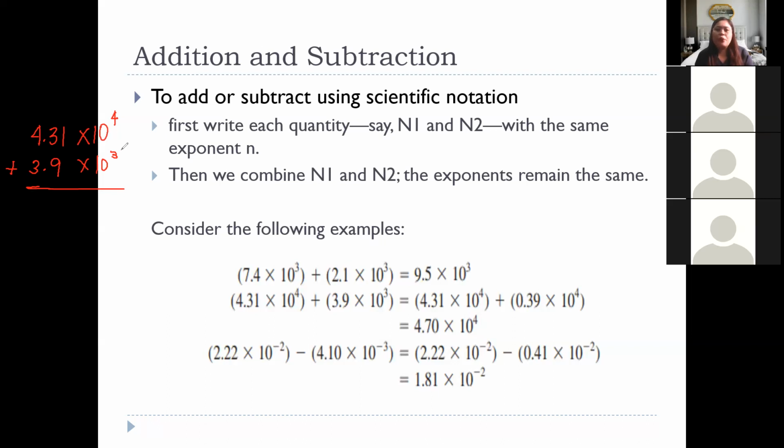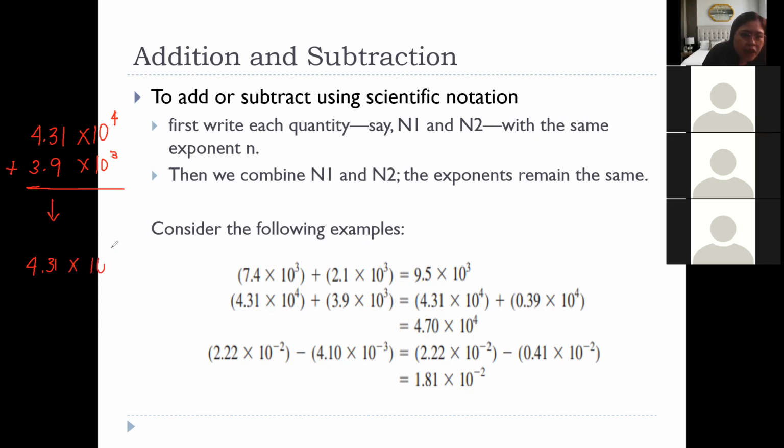So what are we going to do now? We have to adjust one of the given para magpareho sila og exponent. Again, i-adjust na to ang isa ka given para magpareho sila og exponent. So for example, as-is natin itong 4.31. I-as-is nato siya ha.